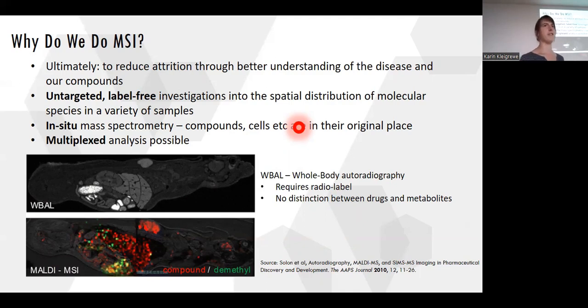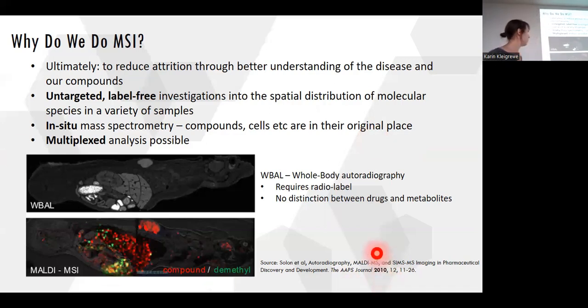Karin just said they've done potatoes and carrots, we can do tissues, we can do all kinds of things. It's in situ mass spectrometry, so we're actually looking at things in the place where they originate from. So we're not looking at cells in culture, for instance, where they don't have the interaction with other cell types around, but looking at everything in its native place, full complexity, everything's still there. And we can do multiplex analysis as well. So it's not just a single compound, we can do thousands of different compounds, and we can also, in one run, look at several different tissues.